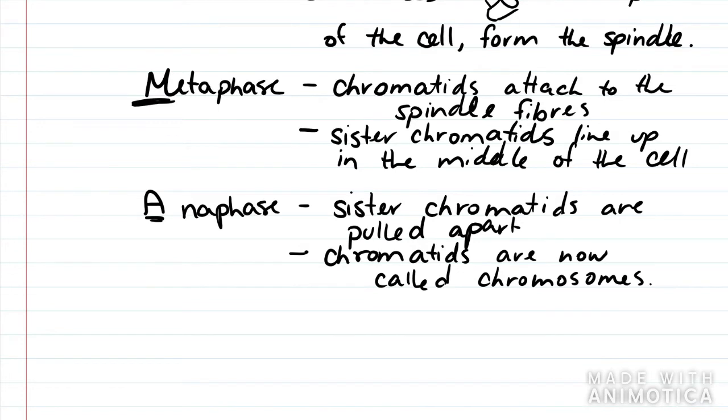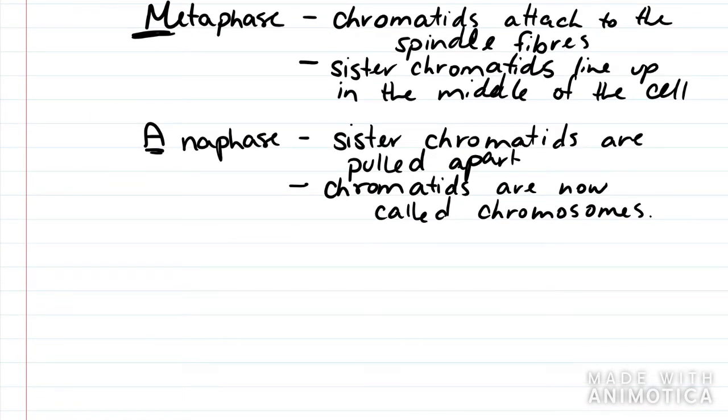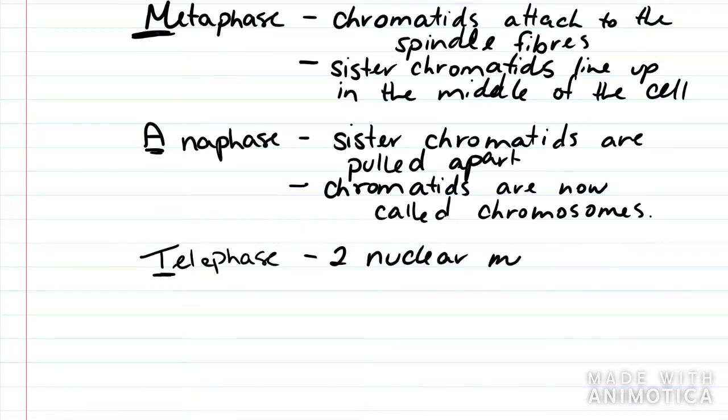The last one is called telophase. And you'll see this spelled a couple different ways. This is when two nuclear membranes form, one around each set of the DNA. The spindle disappears.